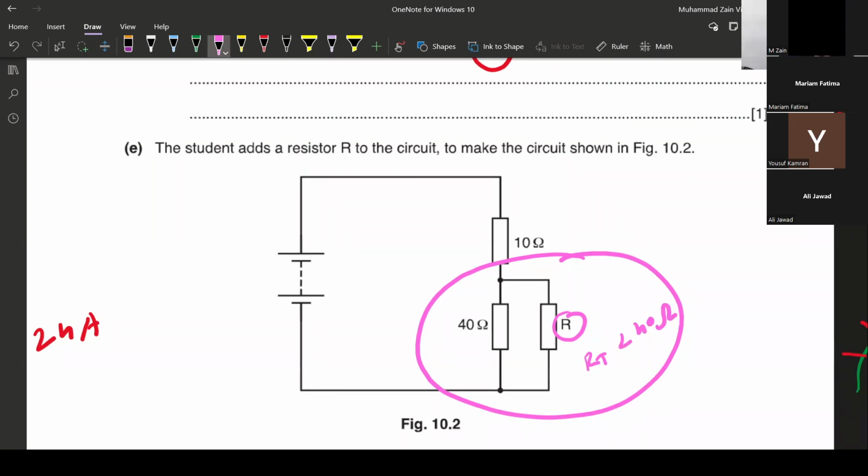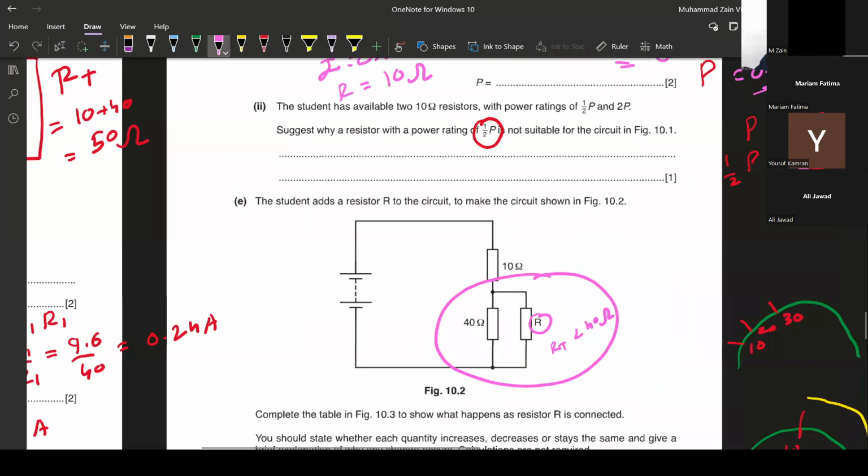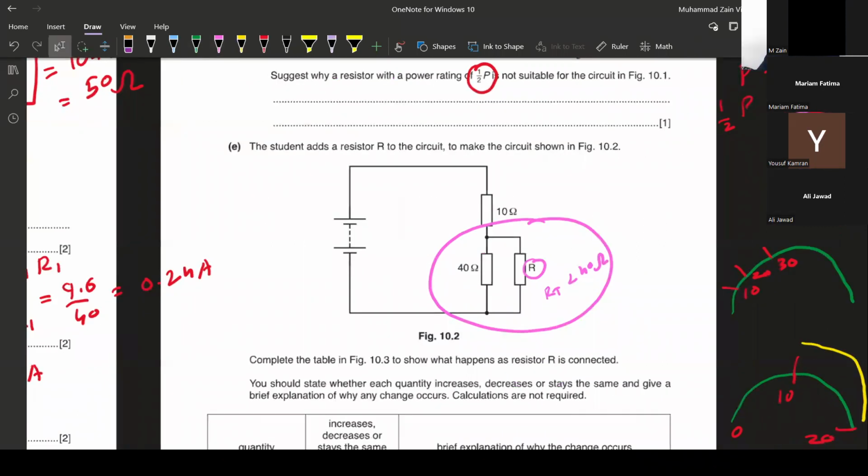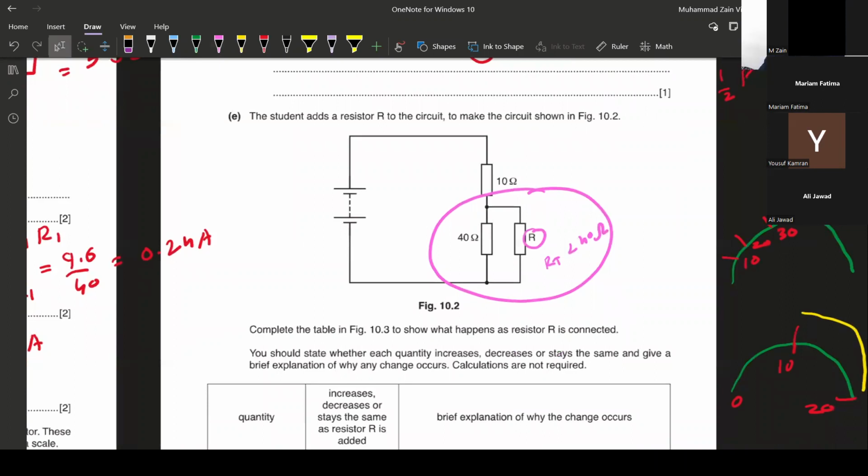Is this clear to everyone? Why would it be less than 40 ohms? This is something we know from the questions we've done up till now. If anyone has any questions regarding this, please do ask. Otherwise, I'll assume it's clear to everyone. So I know for sure that when I combined this resistor R with it, the total resistance of this decreased.